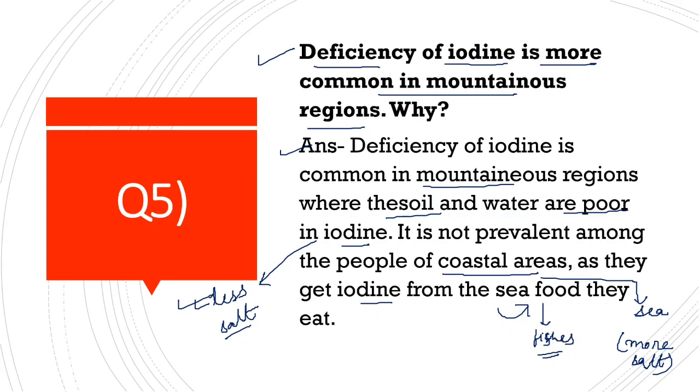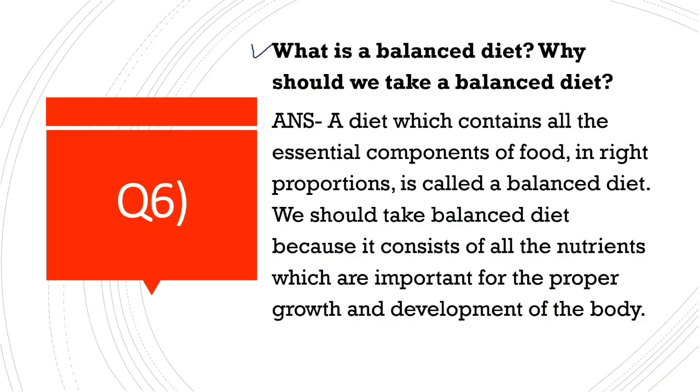Now moving to the next question. What is a balanced diet, and why should we take a balanced diet? Why is it important? So the answer is, a diet which contains all the essential components of the food. Now what are the essential components?